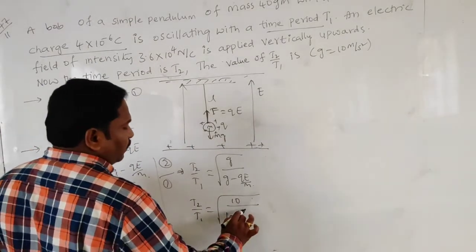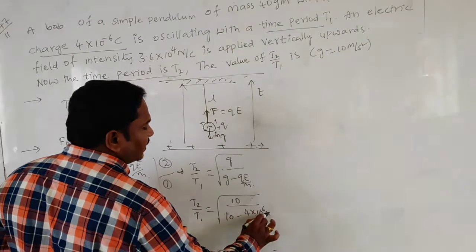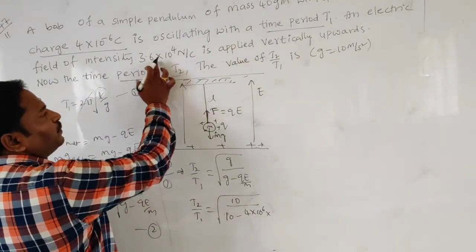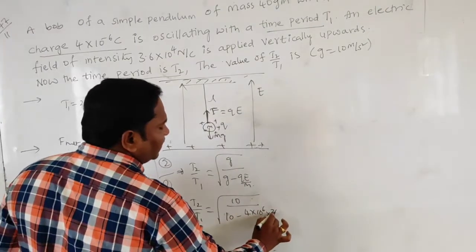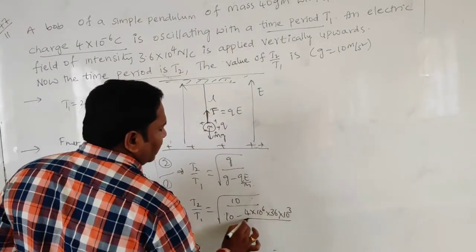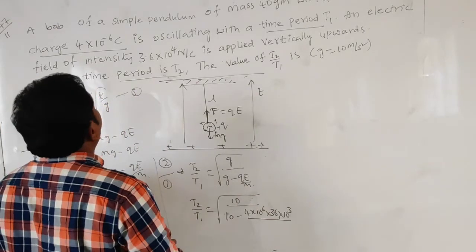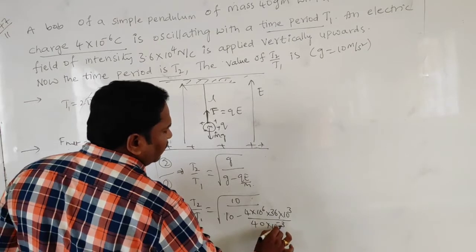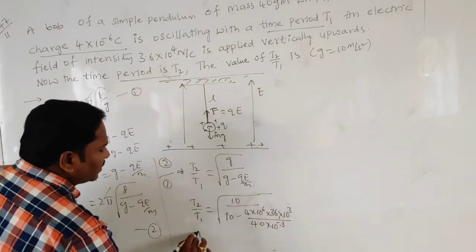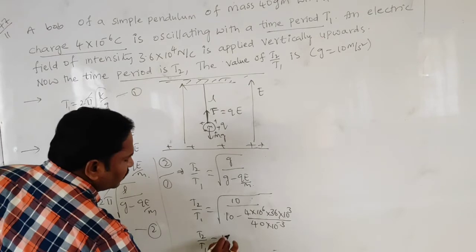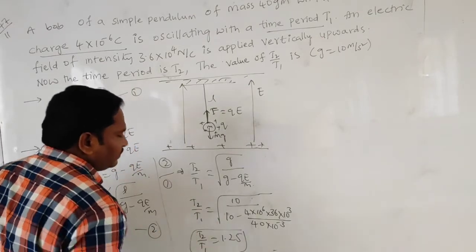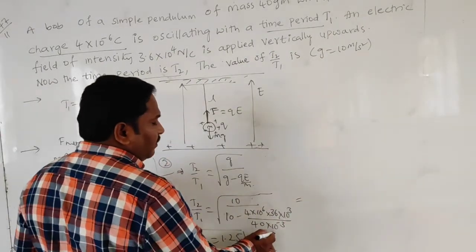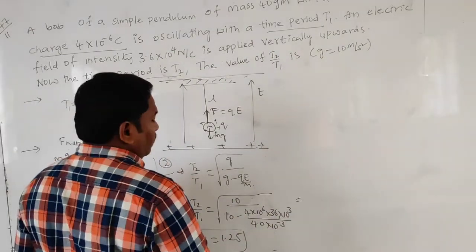Q is 4 into 10 power minus 6, electric field 3.6 into 10 power 4. So we can write it is 36 into 10 power 3 divided by the mass, 40 grams converted into kg, 10 power minus 3. So after calculation we get T2 by T1 equals 1.25.